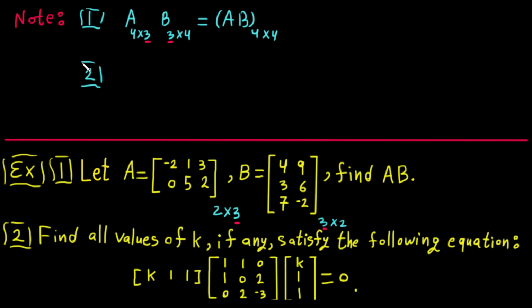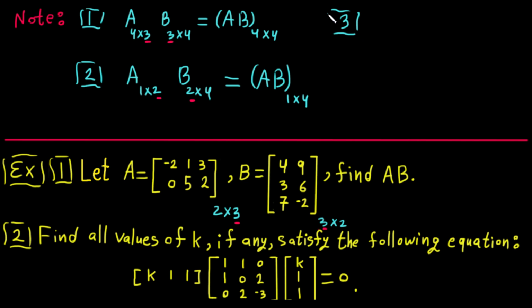It means 4 rows and 4 columns. Second example, let's say we have A 1 by 2, and B 2 by 4. So here this number equals this number, then you can find A multiplied by B. Let's change the color. So the matrix AB will be of size 1 by 4. So it has 1 row and 4 columns.